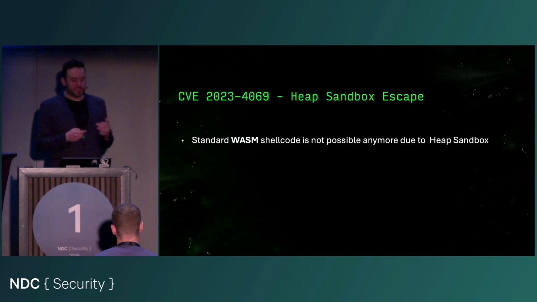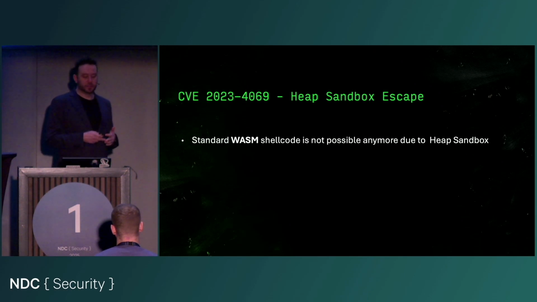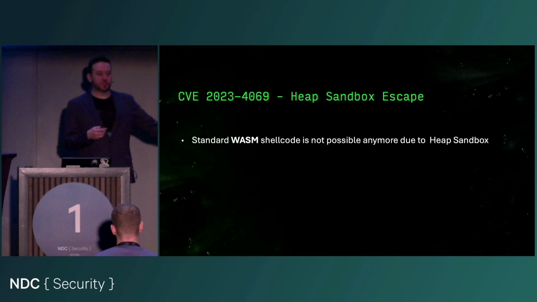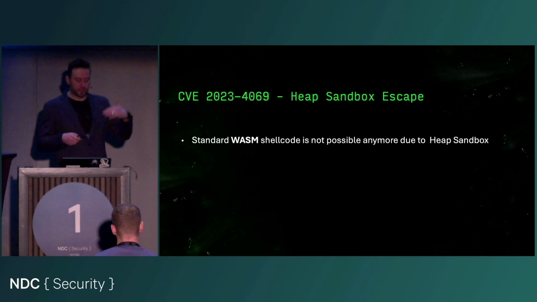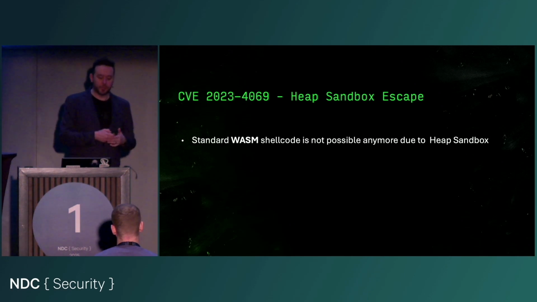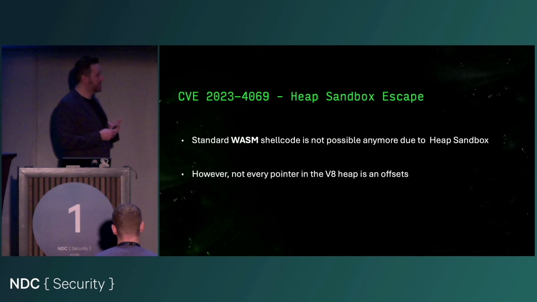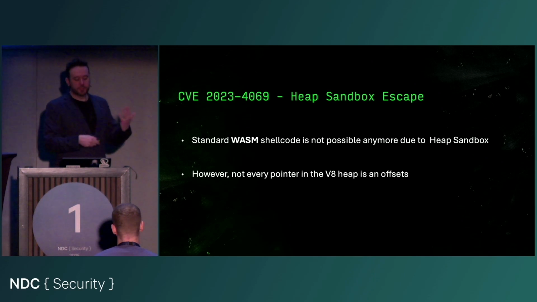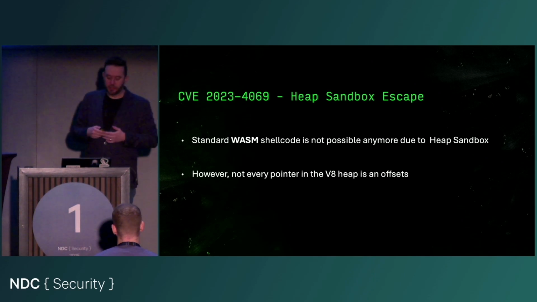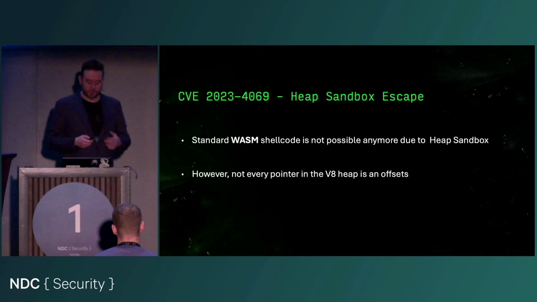So the standard WASM shellcode is not possible anymore due to the heap sandbox. On top of what we saw, like moving the pointers out, they also implemented other mitigations, like you cannot use WASM shellcode anymore. However, not every pointer in the V8 heap is an offset. The heap sandbox is in continuous evolution and constant improvement.